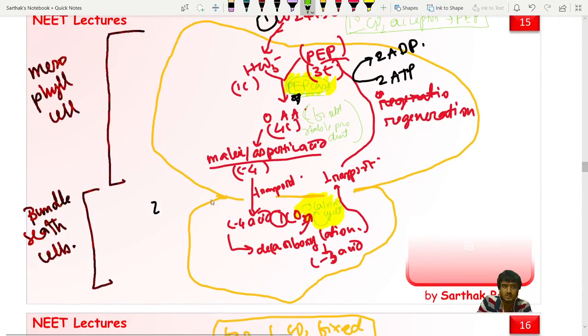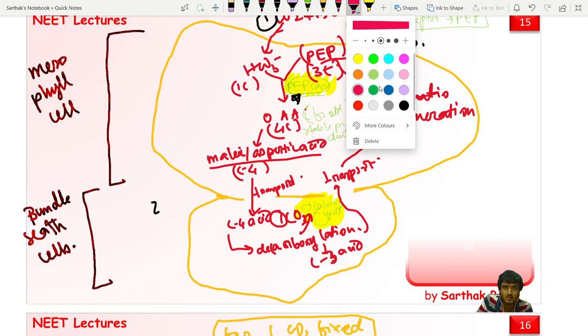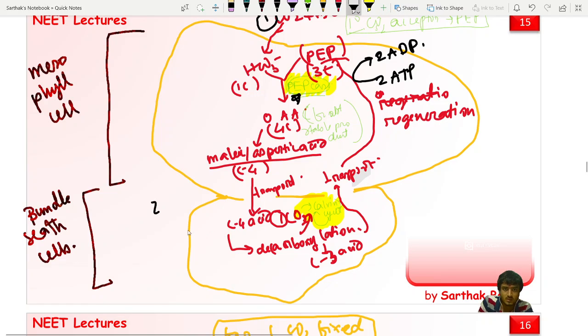Look here, this is the bundle sheath cell, and this bundle sheath cell has no intercellular space.